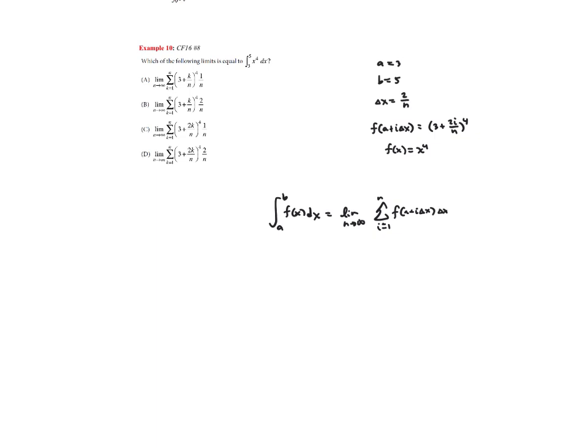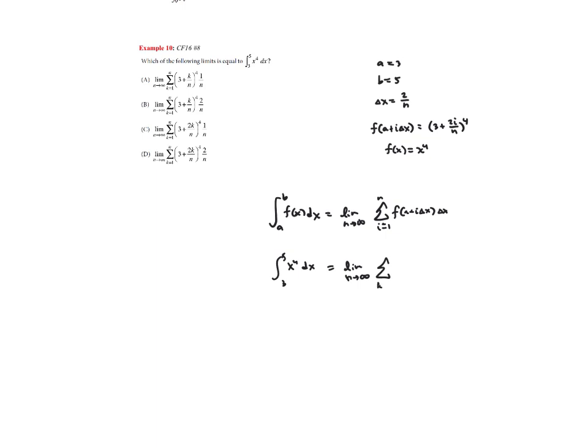So we just have to fill in the blanks, so to speak. So this will be the limit as n approaches infinity. We're going from 3 to 5 of x to the 4th dx. So we're going to take the summation.